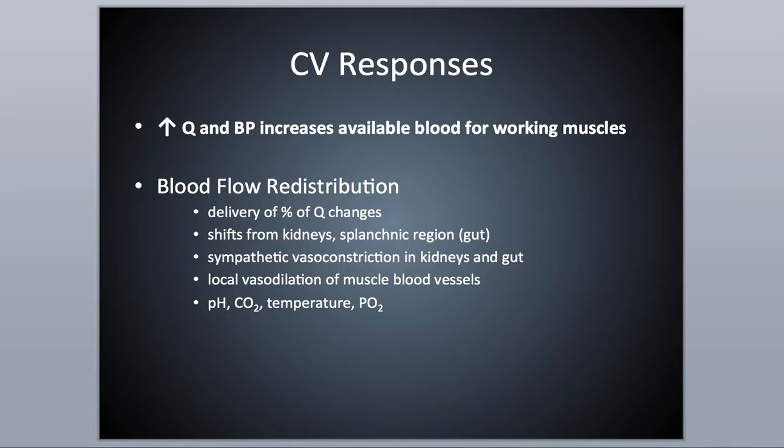All right, so that's actually going to shift from the gut out to the muscles. And some of this has to do with pH content, carbon dioxide content, temperature will affect this, and also pressure of oxygen. And we'll see that in chapter 10 about the PO2, essentially the concentration of oxygen.